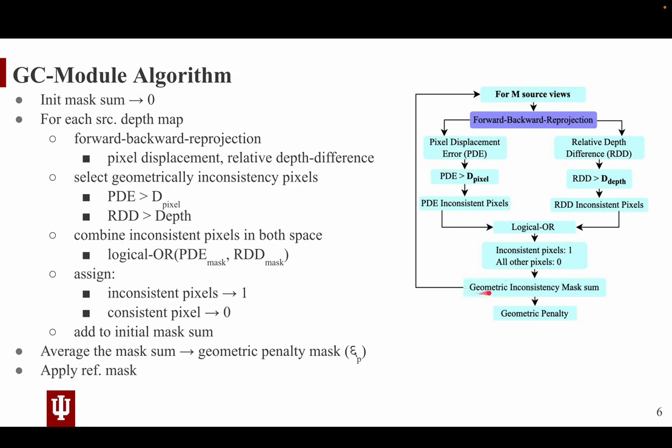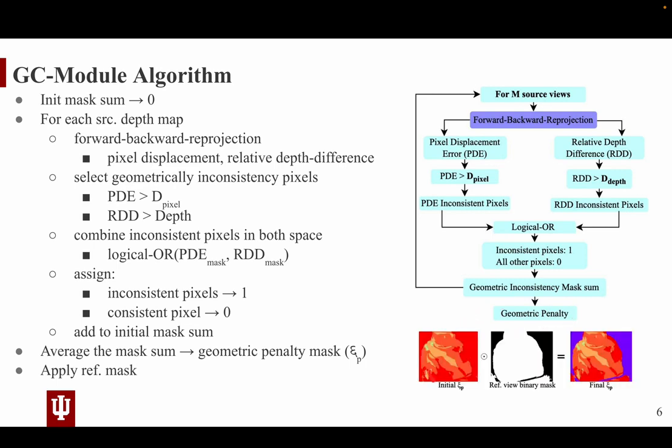This generates a geometrically inconsistent mask, which is the sum over all the M source views. Then we take the average of that mask to generate the final penalty value. The final penalty value looks something like this, which has a lot of extra penalty on the out-of-scope pixels. We apply a reference view binary mask to restrict its scope to the required pixels, and that generates the final penalty mask.